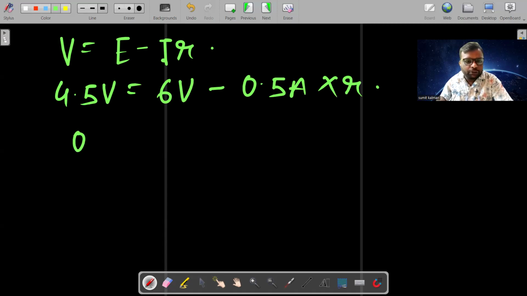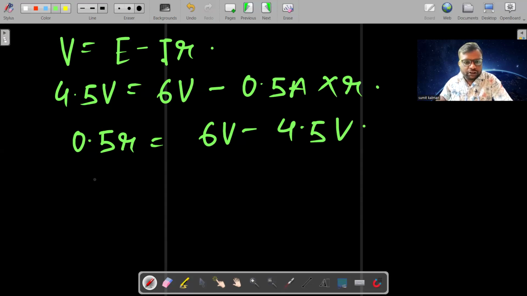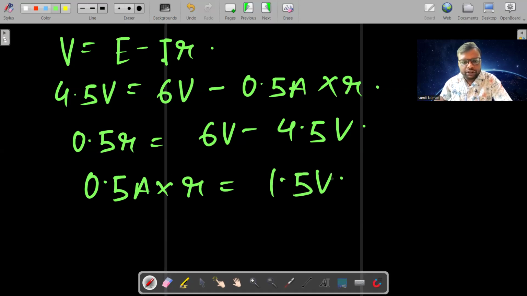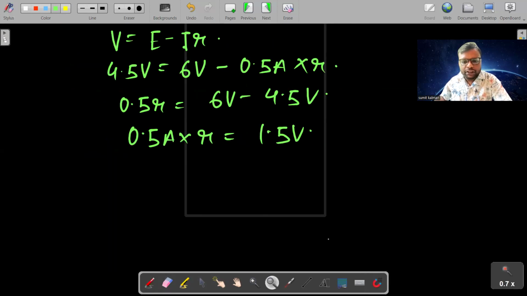So here students, 0.5 r, it will become 6 volt minus 4.5 volt. So here 0.5 ampere into small r, it will become 1.5 volt. Here students, so here your internal resistance will become how much?